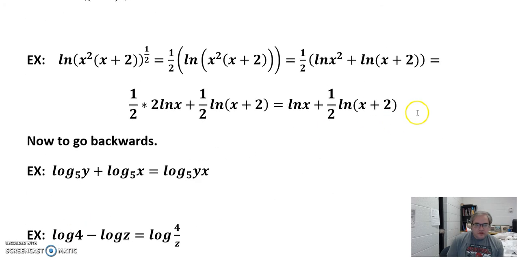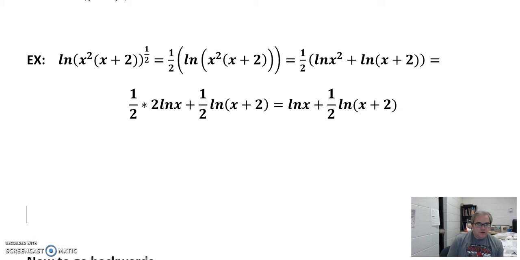Okay, so here's a more complicated looking one. I have a product to an exponent. The exponent's on the very outside, so I'm going to apply property 3 to move that 1/2 to the front. You notice I put it all in parentheses. I'm now going to apply property 1 to break up the product.